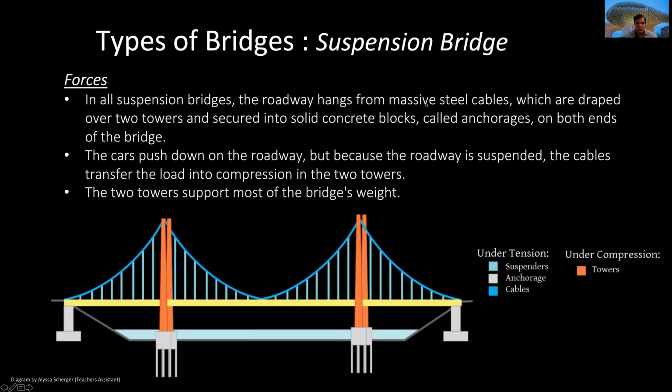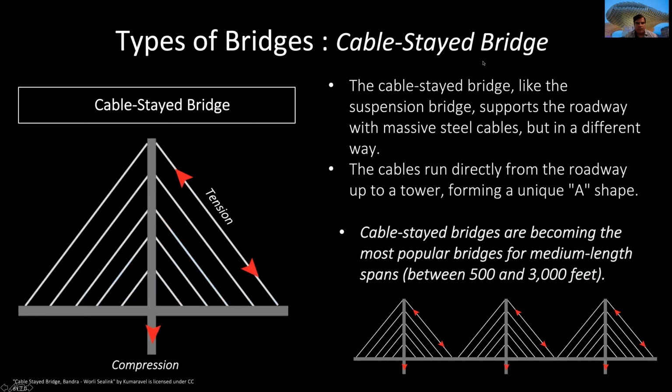Well, we can look here at the suspension bridge that we have: the tension elements that are cables and suspension elements that are the other cables, also in blue color, and then the tower will be in compression. In the cable-stayed bridge, instead, you have the direct connection, as I told you.